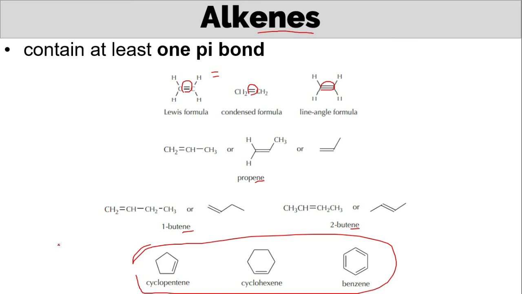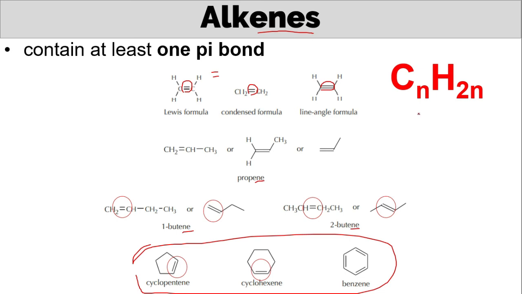And if you notice, the general formula for alkenes that do not form cyclic structures and which contain only one pi bond is CnH2n, where n is the number of carbon atoms. For example, if n is 3, your hydrogen is 6. So this is propene. So 1, 2, 3 carbon atoms, and 1, 2, 3, 4, 5, 6 hydrogens.